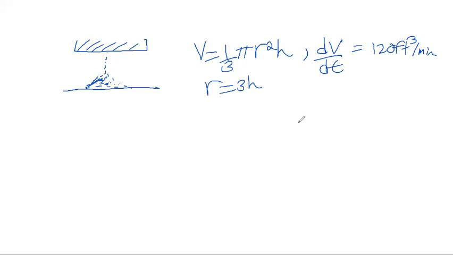And then they want us to find dh dt, or the change in height over time, when, oh, sorry, this thing's going wacky. I apologize. When h is 10 feet.